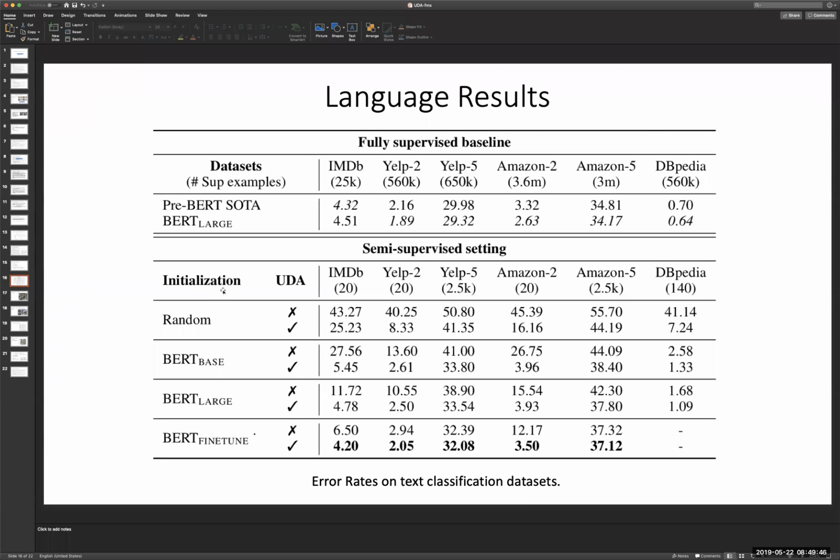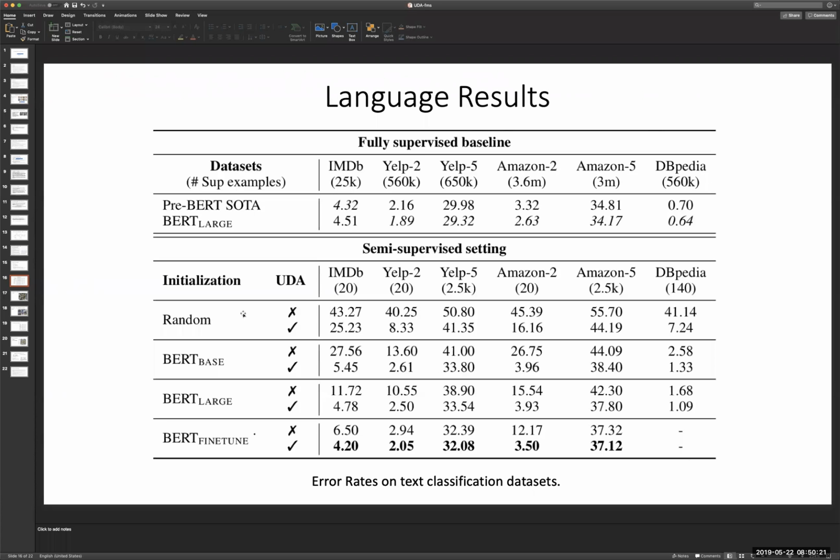So we're going to use BERT, and we're going to use different versions of BERT, and then we're going to use it with and without UDA and see how it performs. So for IMDb, we're only going to use 20 labeled examples. That's 20, whereas the baseline had 25,000. At the very beginning, in the abstract, they noted this as being a dramatic improvement.